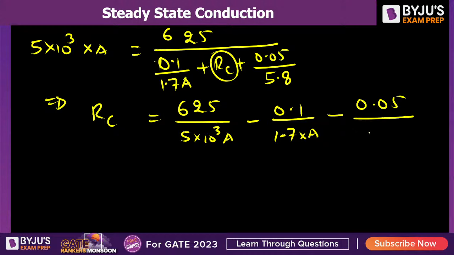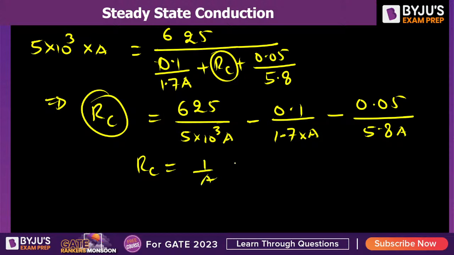0.05 upon 5.88. From here you will get RC. What is the value of RC you will be getting? So RC will be equal to 1 by A multiplied by your answer, or A into RC, you can write A into RC.